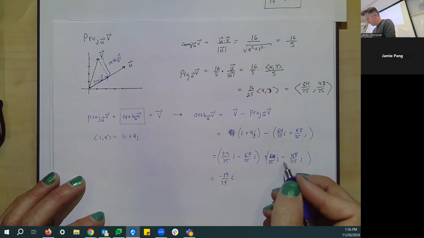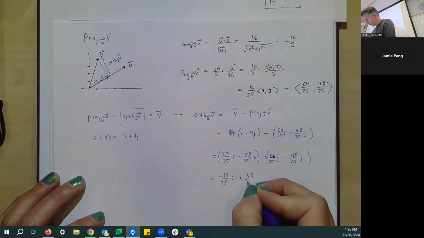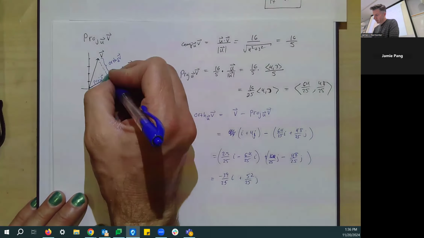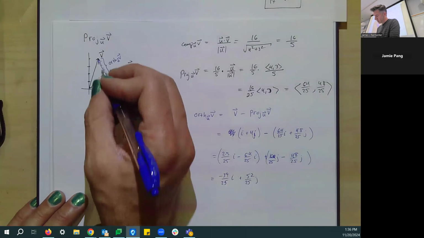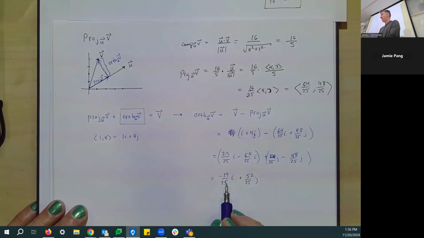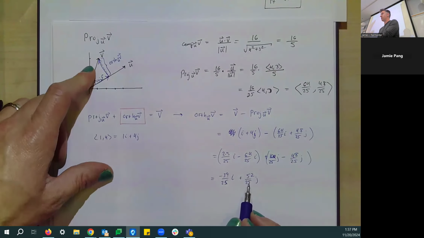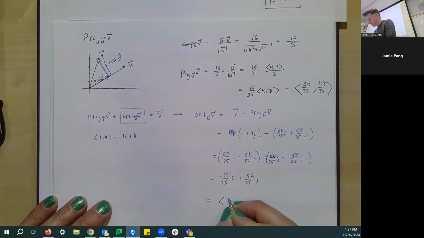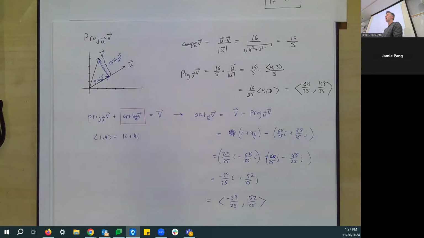And then 100 minus 48 is 52/25 j. And that seems plausible because this vector that goes that way is going left, so negative in the i direction, and up, so positive in the j direction. Which seems okay. Or you could write it in the notation I would have been using, negative 39/25, comma, positive 52/25. Either notation should be totally acceptable.